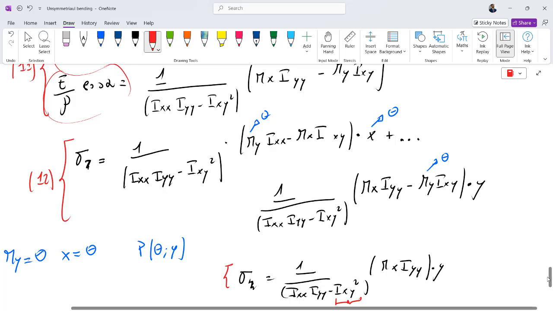This formula applies to a generic cross section. Then, if the cross section is 2 times symmetrical, and we have a symmetrical bending and so on, we can simplify this formulation to obtain a more compact formula, but the general formula is this.